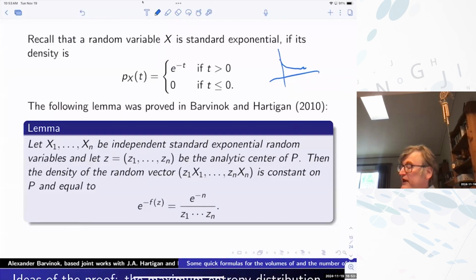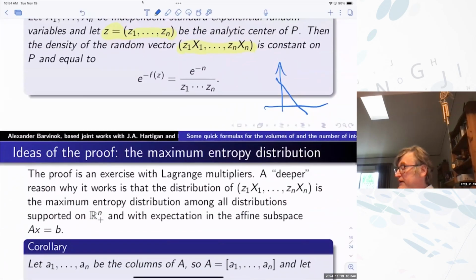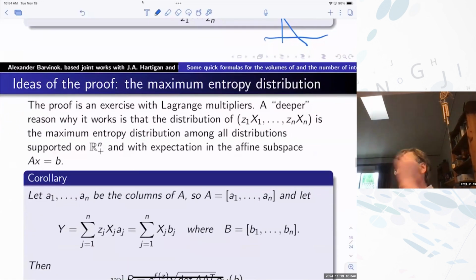If you have standard exponential random variables and you scale them by the analytic center, so you get a vector of independent non-standard exponentials, then the density is constant on the affine subspace. Right? The density is constant on the affine subspace. And the proof is an exercise in Lagrange multipliers, but there is a deeper reason which connects it with statistical physics.